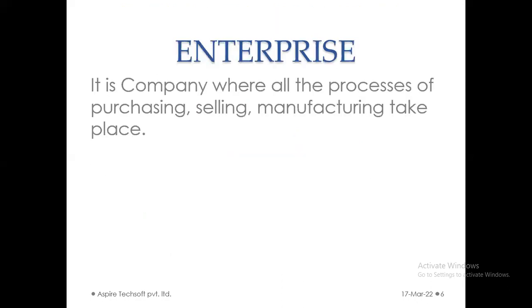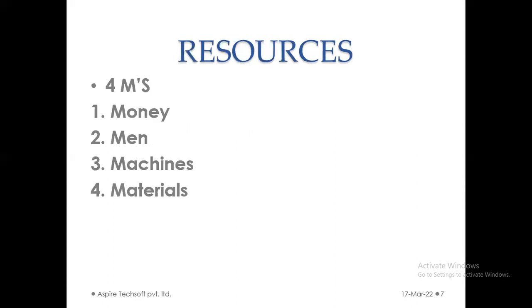Coming to the picture, that is enterprise. Enterprise is a company where all the processes such as purchasing, selling, and manufacturing take place. Resources are the sources which are very important to run the business, such as money, men, machines, and materials.